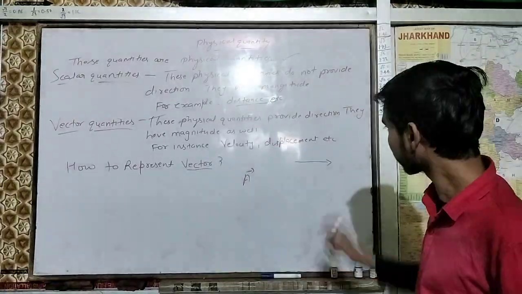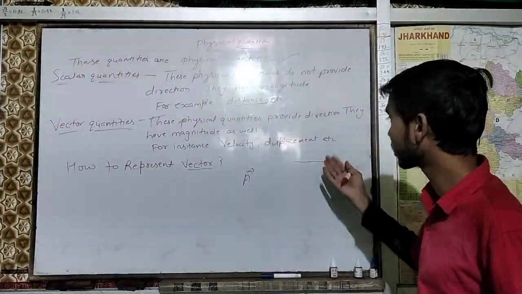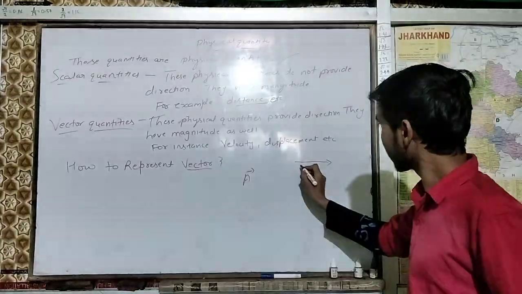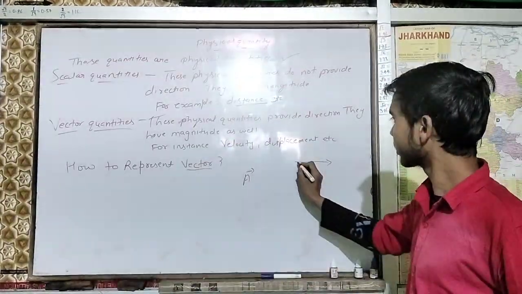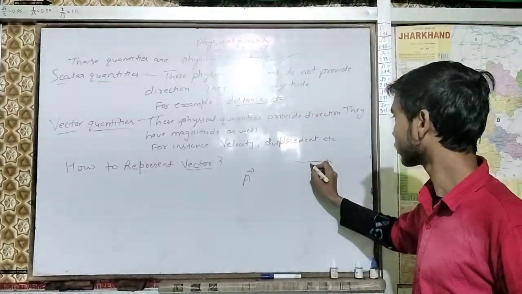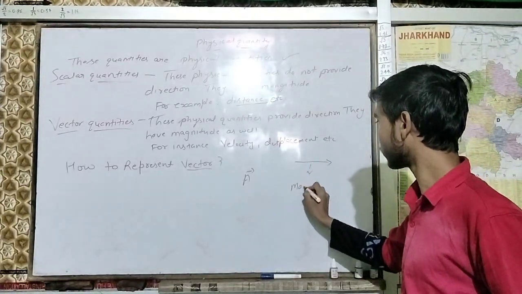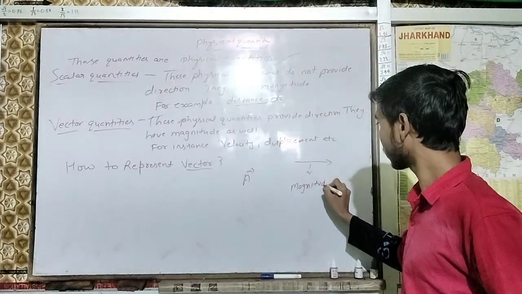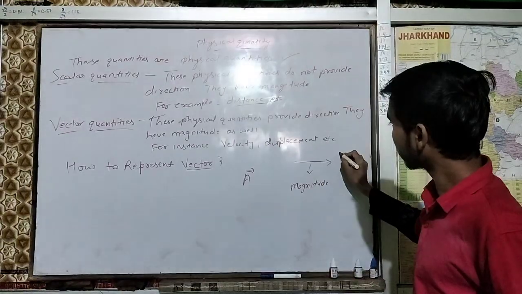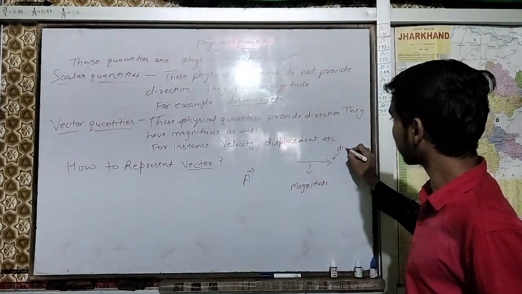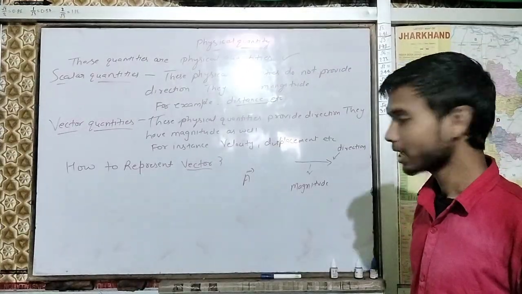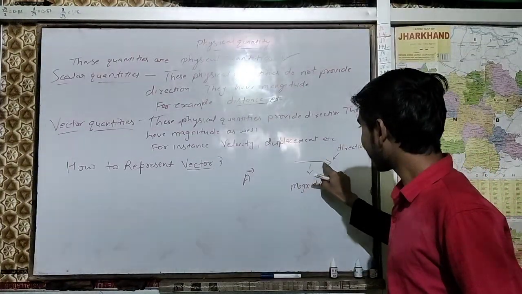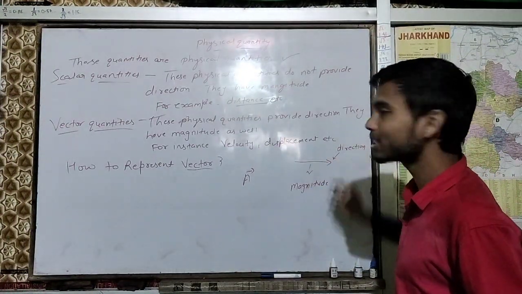Okay, now let's say more about this arrow. This line segment, I'm not talking about the arrow, this line segment is the magnitude, but this arrow is the direction.